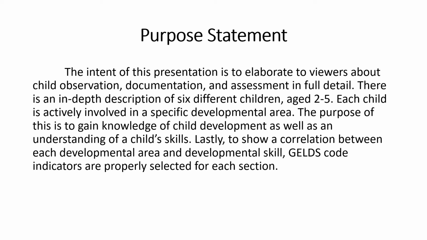The purpose of this is to gain knowledge of child development as well as an understanding of a child's skills. Lastly, to show correlation between each developmental area and developmental skill, GELS code indicators are properly selected for each section.